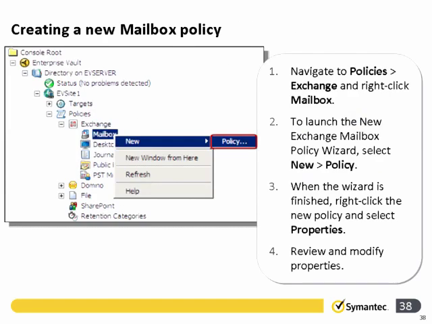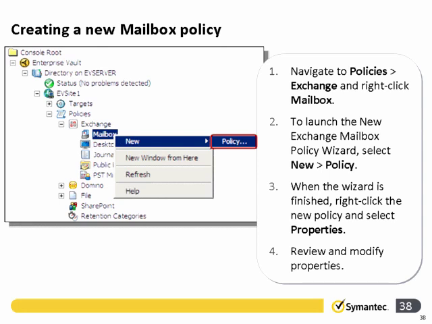So getting back to the mailbox policies, in order to create one, you navigate in your Enterprise Vault Administration Console, down from your directory, down through your site, and then you get to the Policies section. Then under your Exchange Policies, you'll right-click the mailbox and go to New Policy. When you create the policy itself, the only thing that's actually created is the name and the description of the policy.